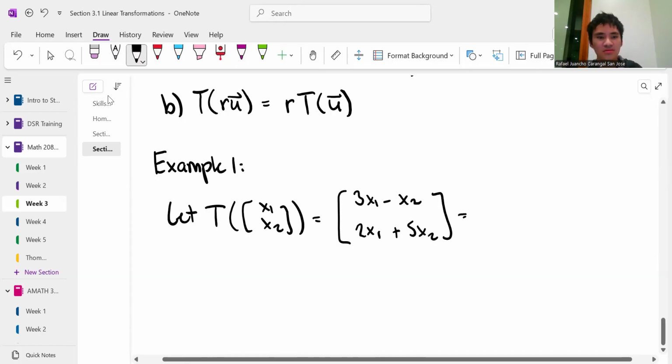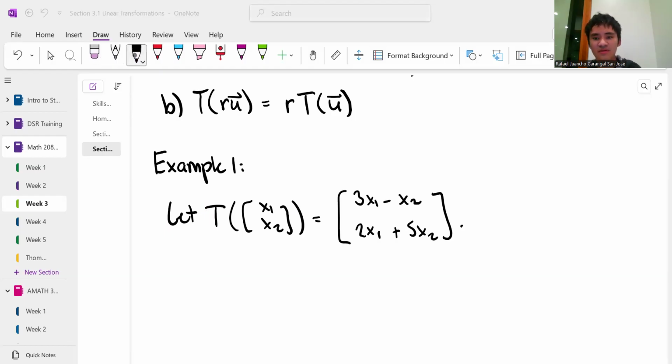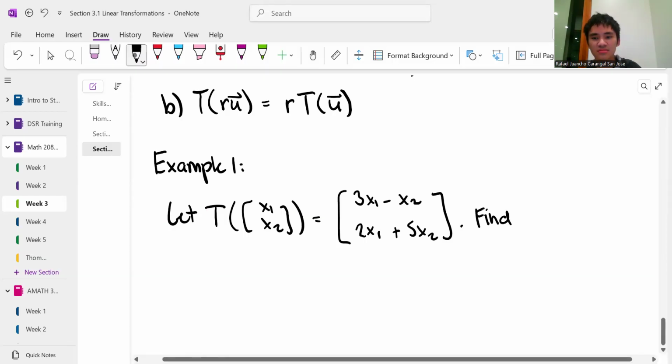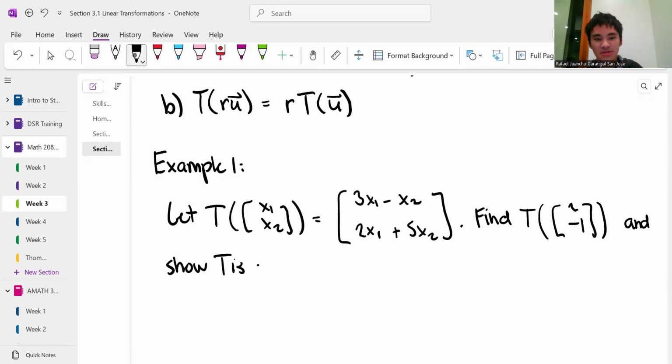And that's the function. Our goal is to find T of 2, -1, and we want to show T is a linear transformation.